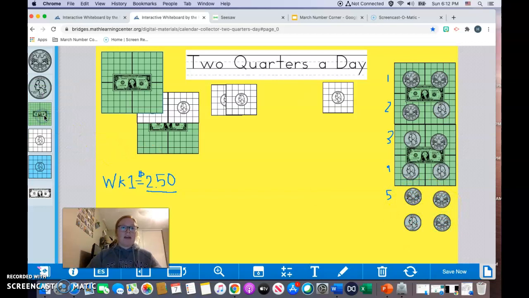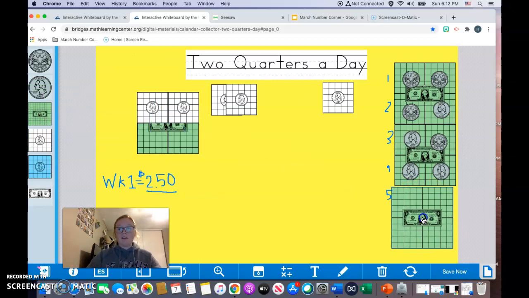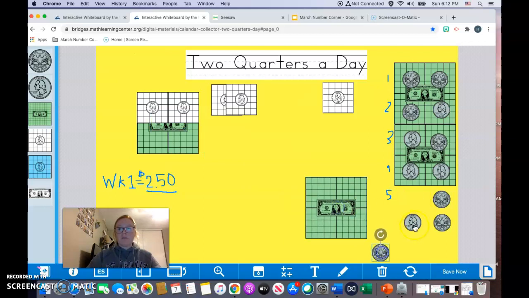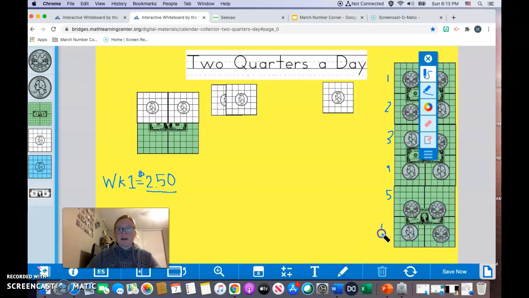And what does that mean? That means that I get to add a whole dollar to our collection. So I'm going to move these out of the way. I'm going to add our dollar, and then I'm going to put these guys right back on top. 1, 2, 3, 4. I'm going to take this, make a 6, and that means we can count now all of our whole dollars. 1, 2, 3.